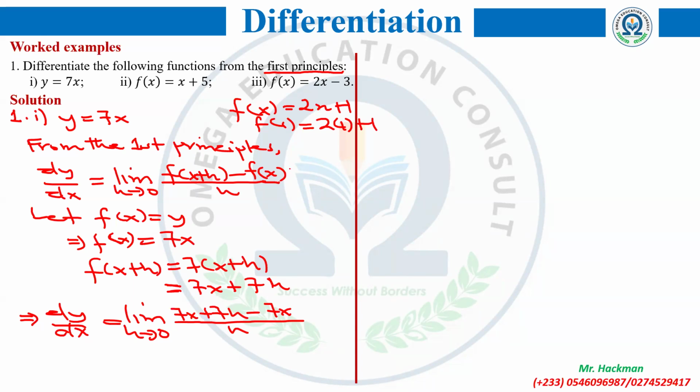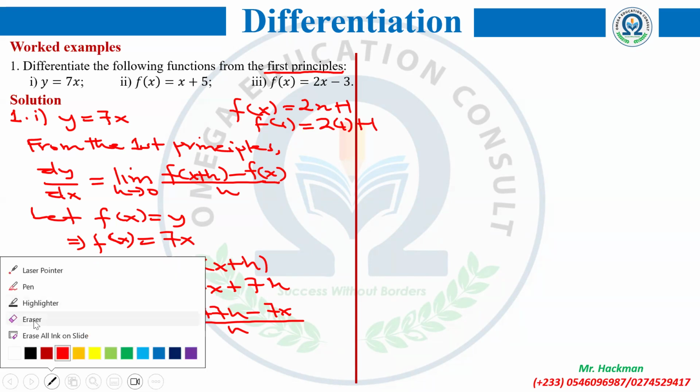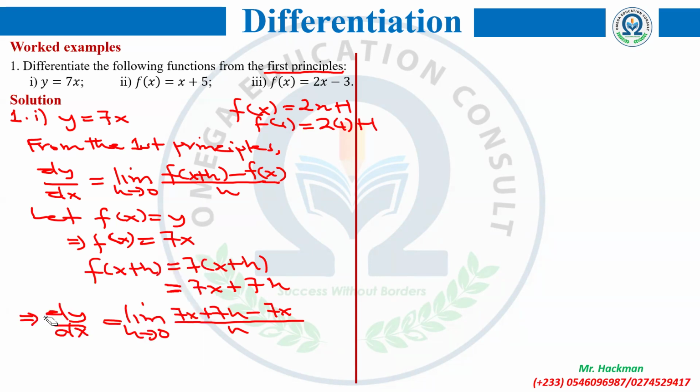Okay, all right. So now it's just quote the formula, find f of x plus h, then go and substitute. Let me go and clear what we have here. This has served its purpose. So now we are going to get dy over dx will be equal to the limit as h approaches 0.